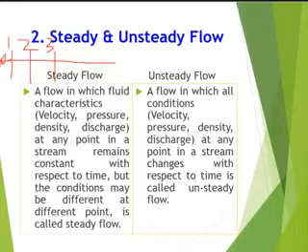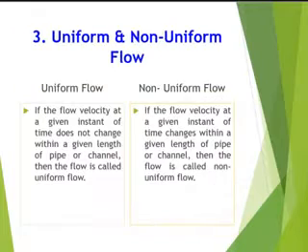For example, at point 1, if the valve is being closed gradually, then the velocity will change with respect to time at this particular point, and this is an example of unsteady flow.